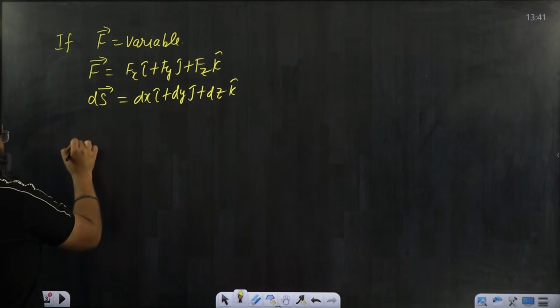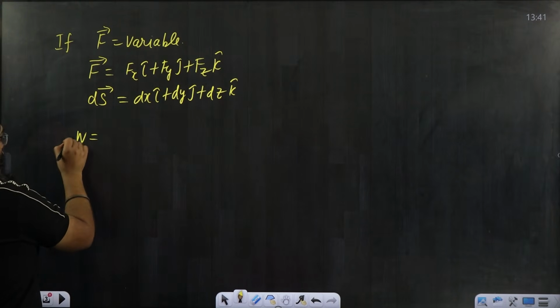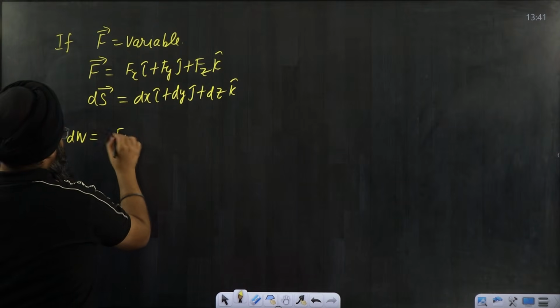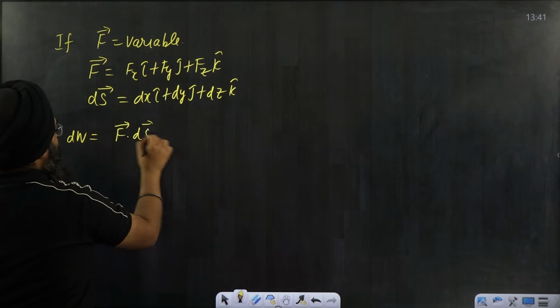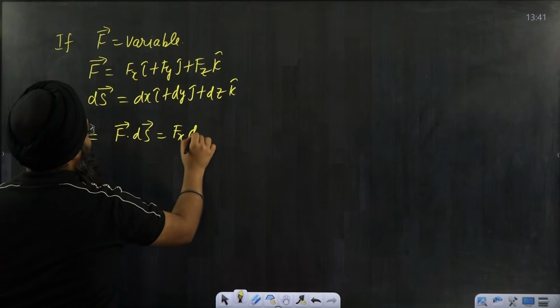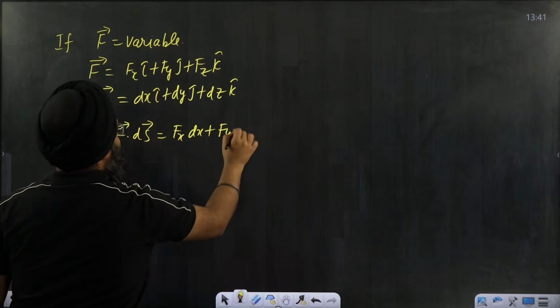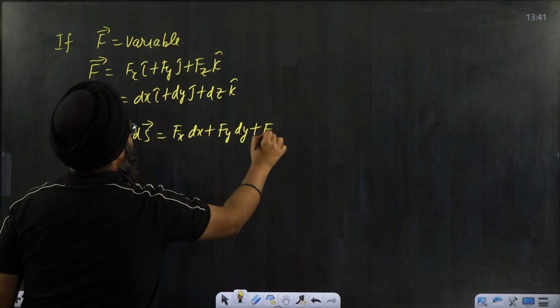So in this case, what will be the work done? The small work done will be equal to F dot ds, so you can write it as Fx dx plus Fy dy plus Fz dz.